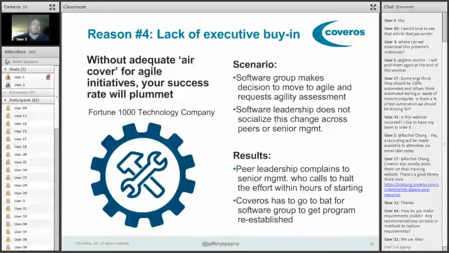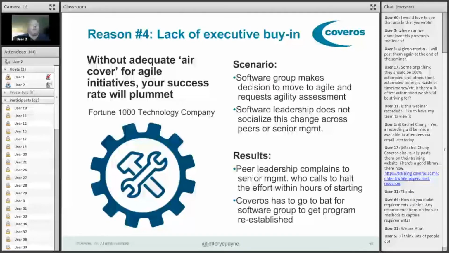They did not socialize this up the chain to their senior management. They had their own budget. They had their own person in charge. They didn't really feel like they needed to. They also didn't socialize it with their peers, the security group, the IT group, even product ownership didn't know this was happening.